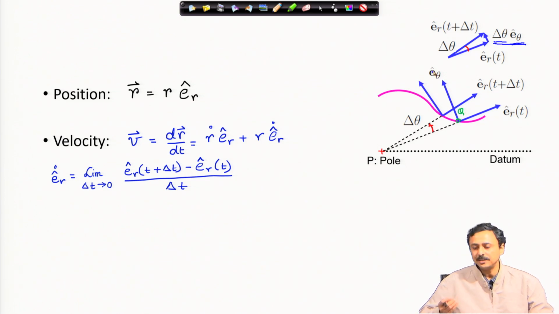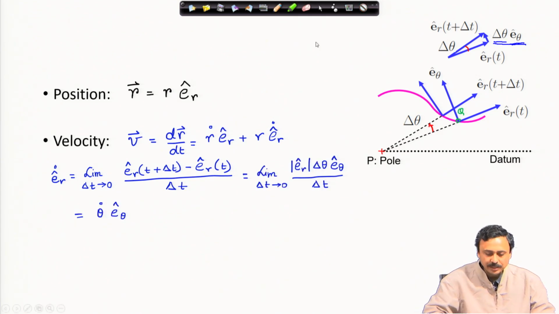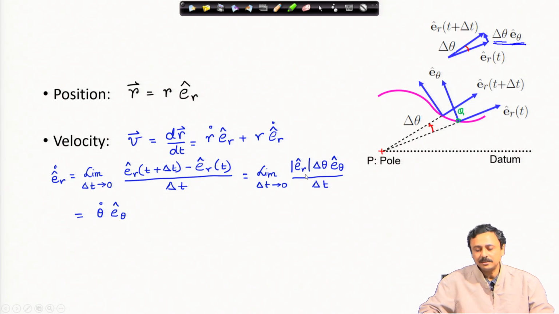In the limit delta theta goes to 0, it is along E theta. Therefore, this difference vector is nothing but delta theta times E theta, and that is what we are going to use here. So, it is magnitude of Er times delta theta times E theta cap by delta t. Magnitude of Er is 1, therefore, we finally get theta dot into E theta. So, Er dot is theta dot multiplied by E theta.